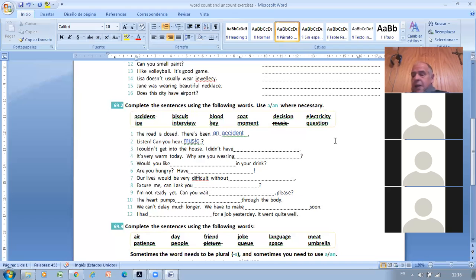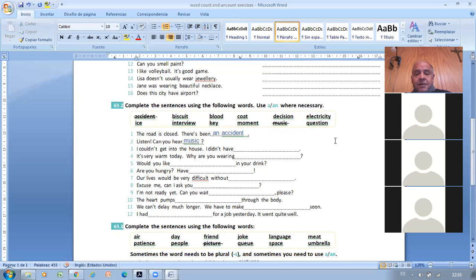A biscuit is a cookie that you eat when you are drinking a cup of coffee. Usually, you have some sweet biscuits to eat. Es como una galletita. Sometimes you have a soda cracker, or sometimes you have a biscuit. Okay. So that is biscuit.